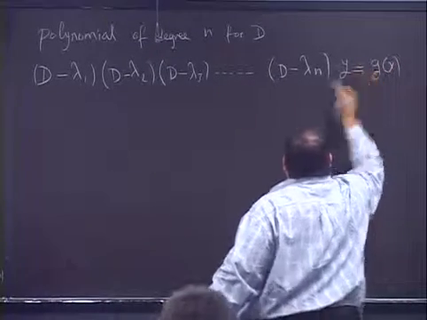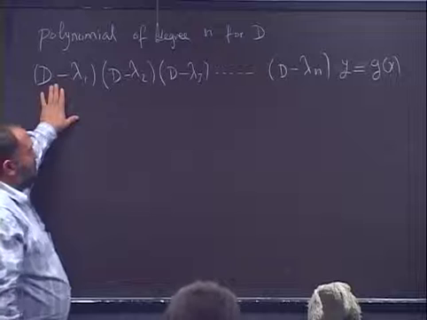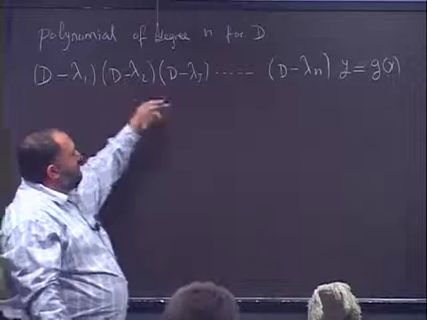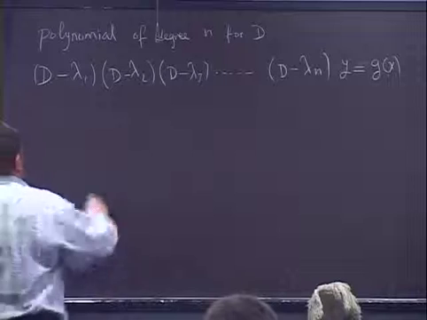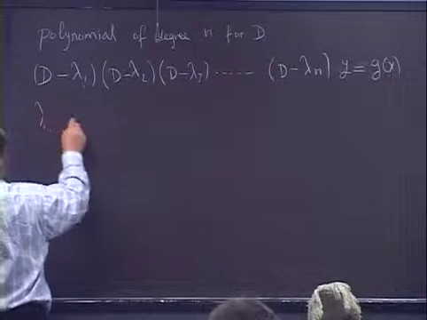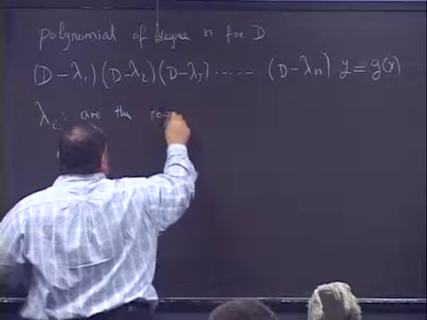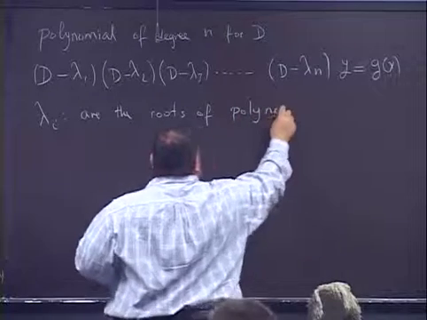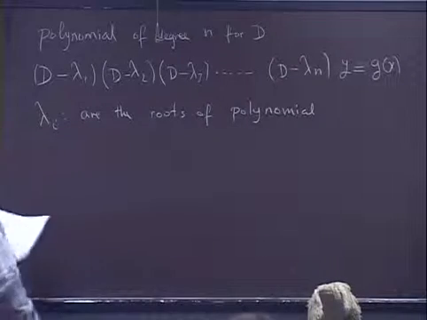This is a polynomial equation that you can decompose into its n roots, since it is a polynomial of degree n, and each one of those roots is lambda 1, lambda 2, lambda 3, up to lambda n. So the lambda i's are the roots of the polynomial.